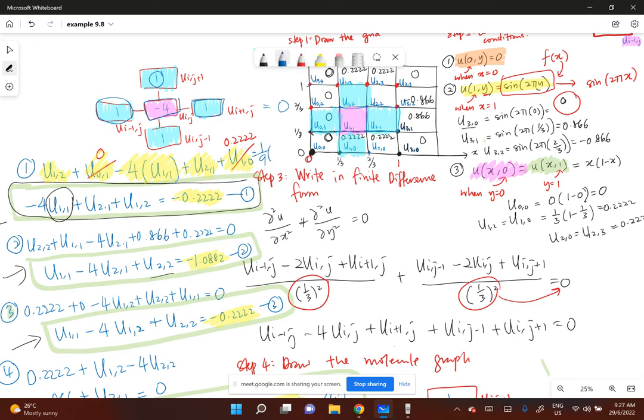So at this point, we have to consider based on this one, because this is our target cell. At this point, the value of x is what? Here, this is 1/3. And at this point, the value of y is 1/3 as well. So 1/3.